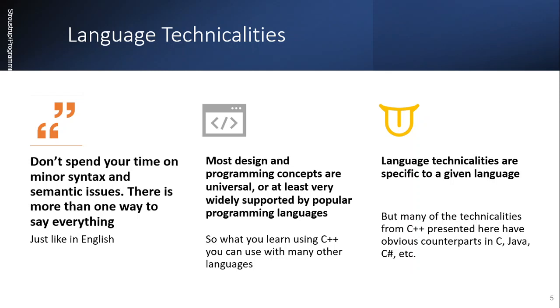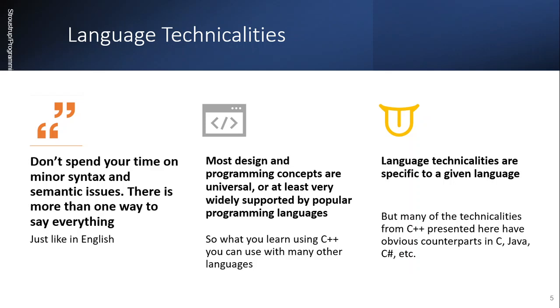Similarly, most design and programming concepts are universal, or at least very widely supported by popular programming languages. So whatever you learn in C++, you can always use this knowledge in other languages as well. It is not like you're just learning C++. While learning the design and programming concepts in C++, you're basically learning other languages as well.